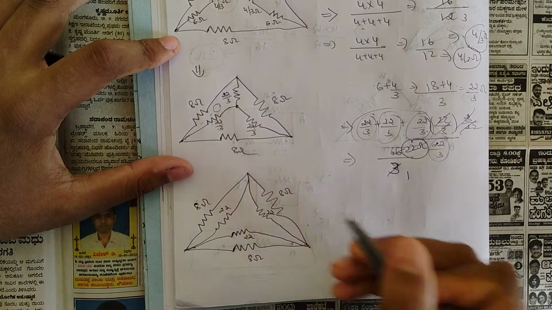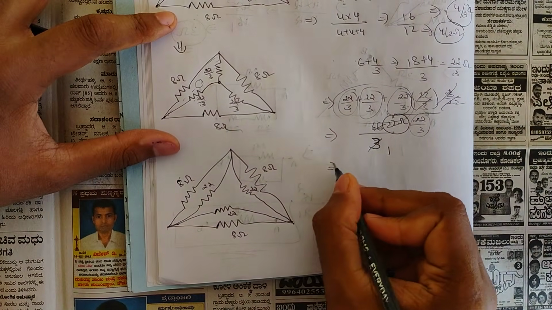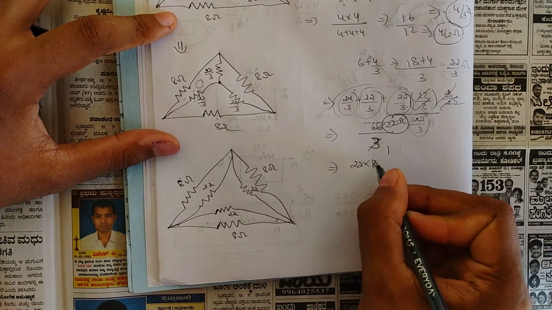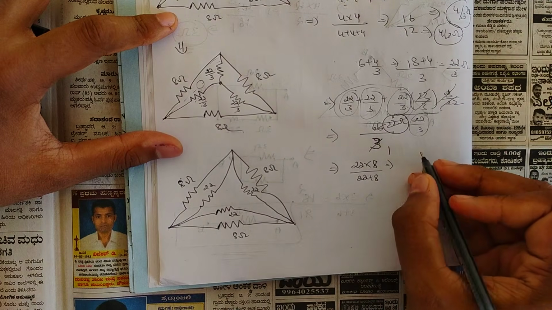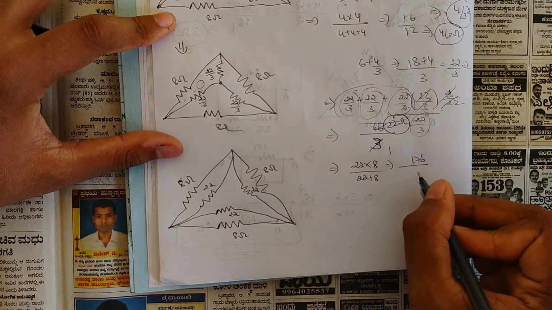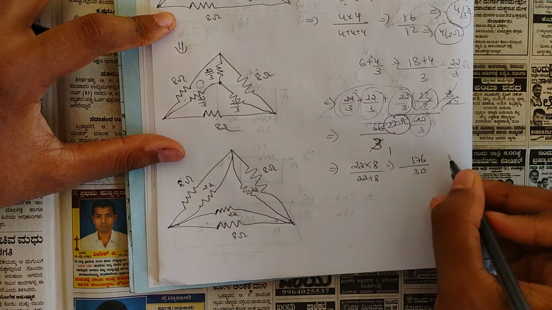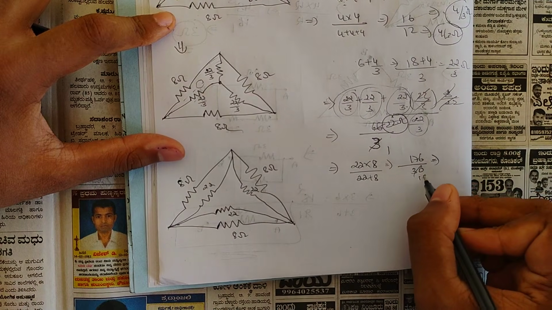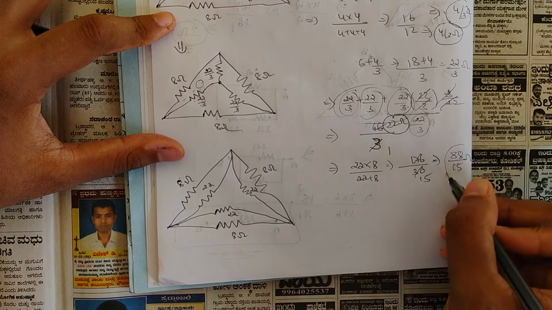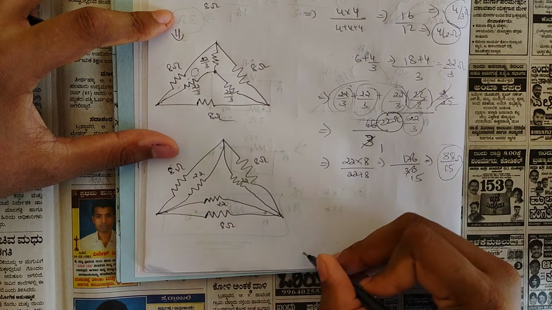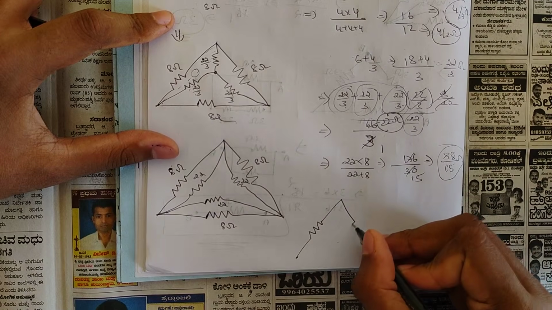Again, these three are in parallel here. Do the internal parallel connection, that is 22 into 8 divided by 22 plus 8. 22 8s are 176, 22 plus 8 is 30, and if you want to reduce this, we can do this with two table, that is equal to 88 by 15 ohms. Okay, so that is our final connection what we would be getting.